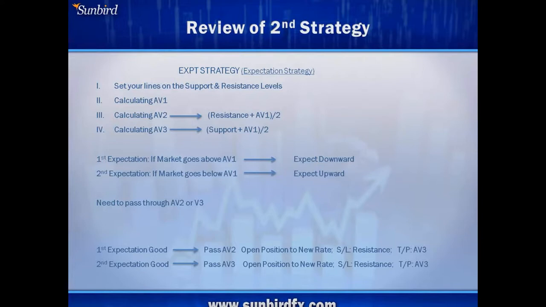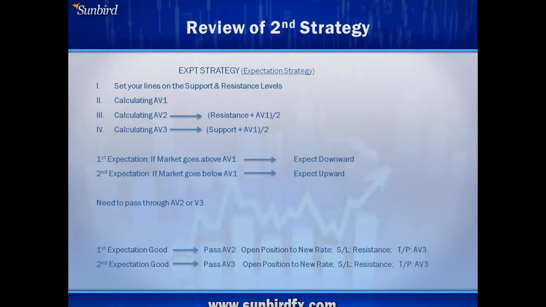So you calculate the resistance rate plus the average 1 rate divided by 2, and you get the rate of average 2. Calculating average 3 is the support rate plus the average 1 rate divided by 2, and you have your average 3 rate.